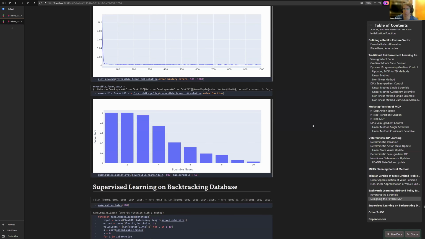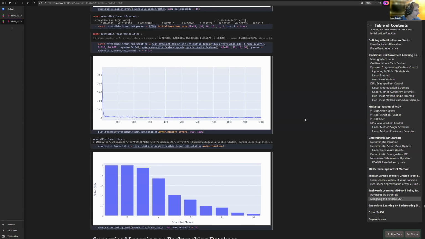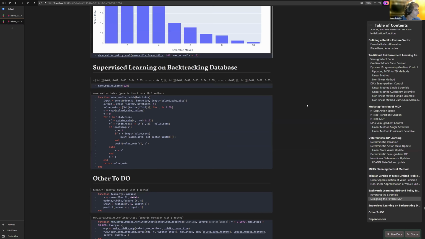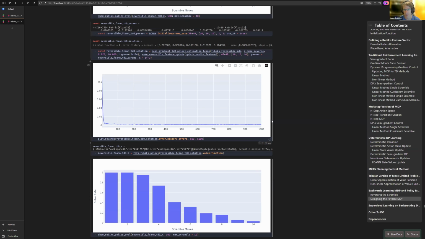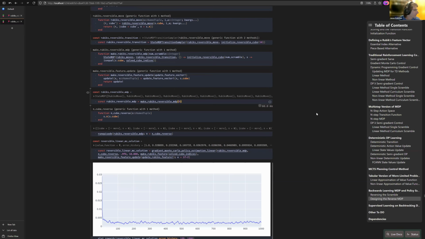So, there's a question here of what is actually going on here? We appear to be successfully learning this way to unscramble a cube which has been scrambled 5 times. But then, somehow the technique isn't actually succeeding that well. It should be doing much better than it is.